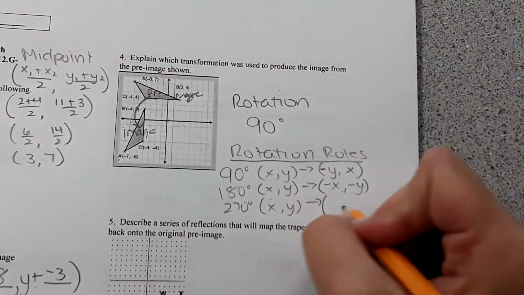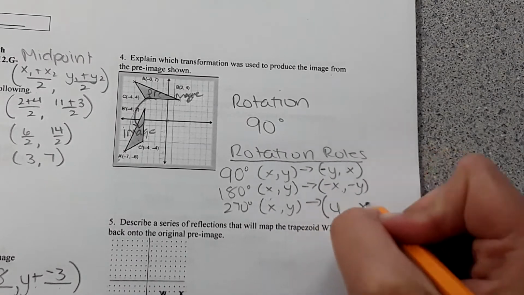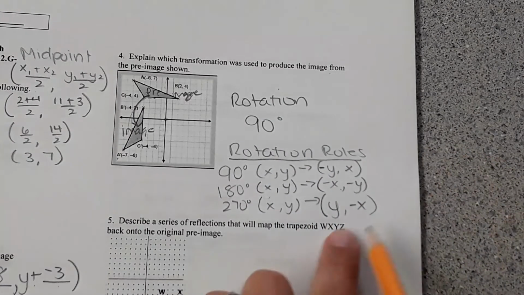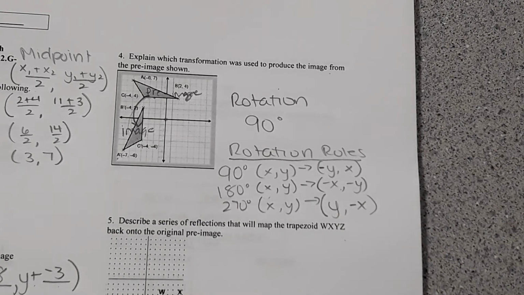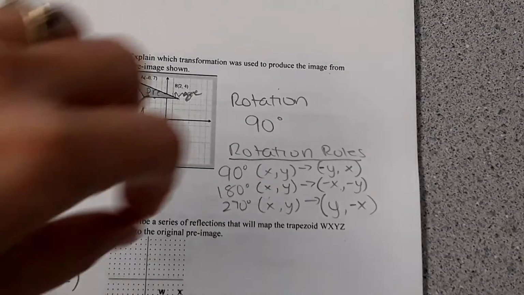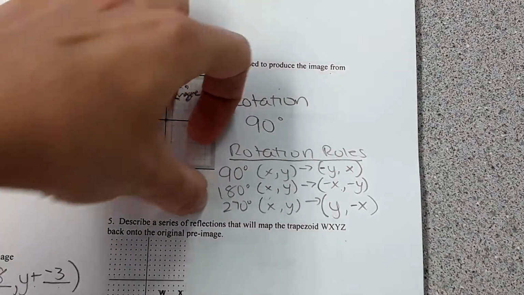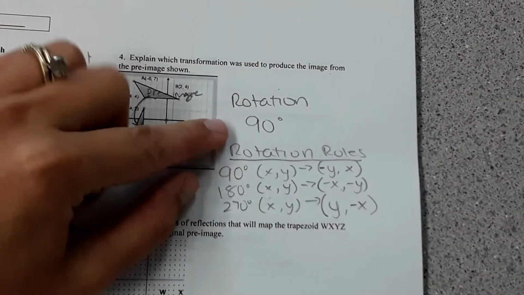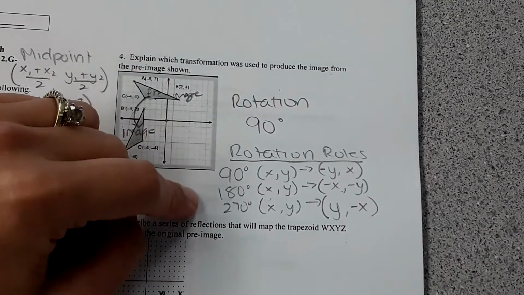And then for 270, again, x and y switch places, and this time the x is the one that becomes the opposite sign, or negative. So you need to be able to write this out. It won't be on a reference sheet or anything, so you'll need to write it out if you have to do a rotation on testing.